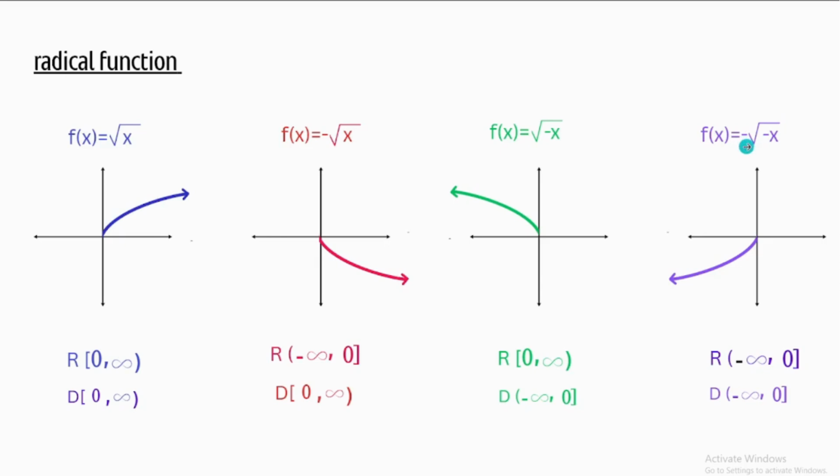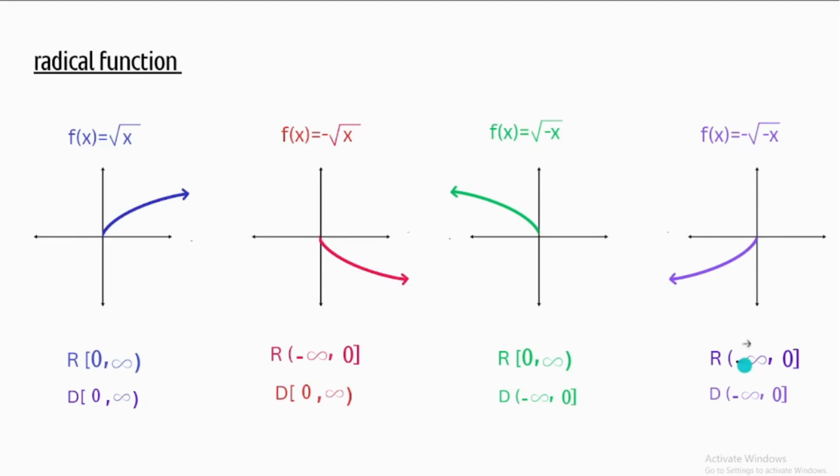For this function with 2 negatives, it's a reflection 2 times of this function. The first reflection is here, and it's also reflected about the y-axis, so it gets in the 4th quadrant.